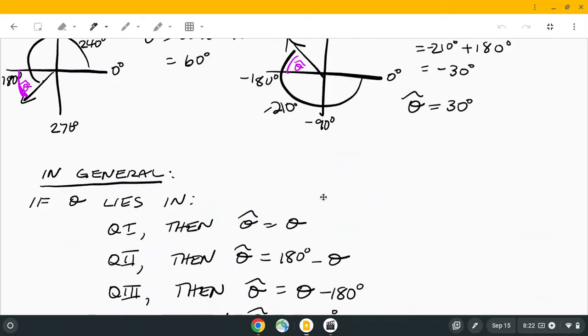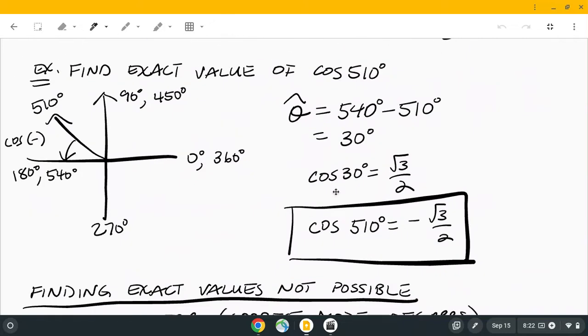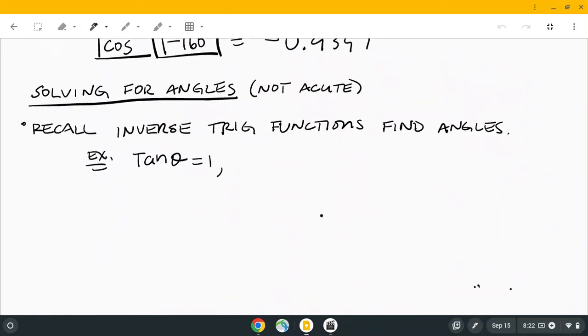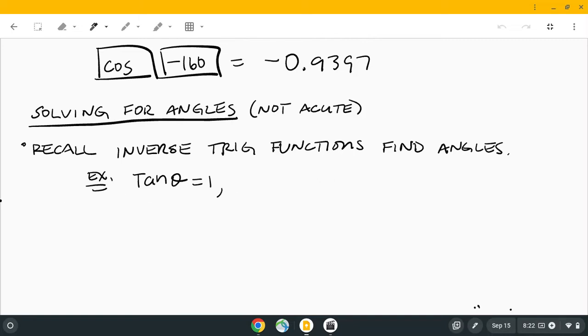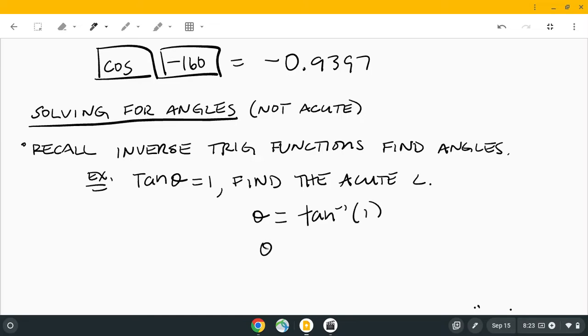This is all the old stuff. It's probably because I'm running out of memory or something. Tangent theta equals 1, and you were asked to find the acute angle theta. In the past, we just simply said theta equals tangent inverse of 1, and then we punched that into our calculator and we got some acute angle.